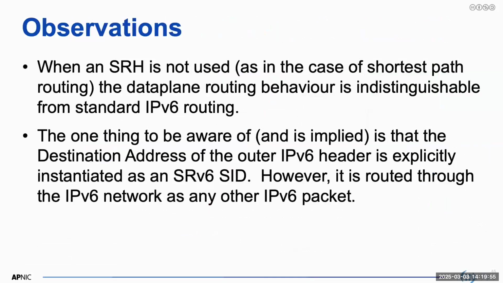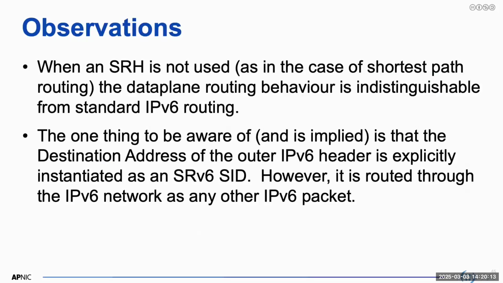So in this case, what we have observed is that when a segment routing header is used... in this case we have not used it because we are using the shortest path, and then the behavior is similar to traditional or standard IPv6 routing.